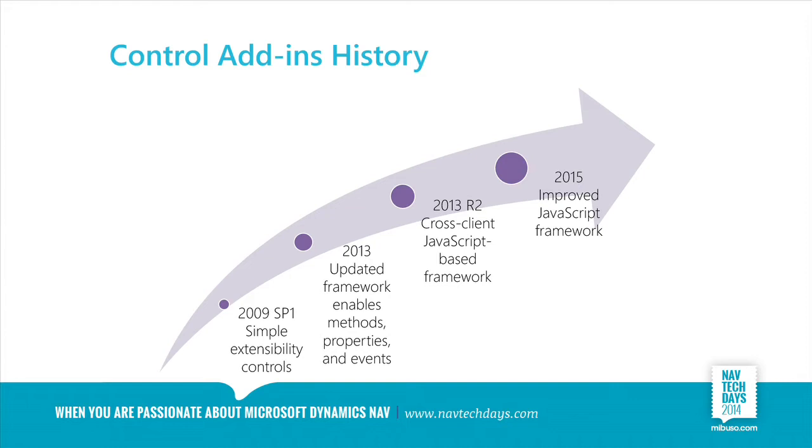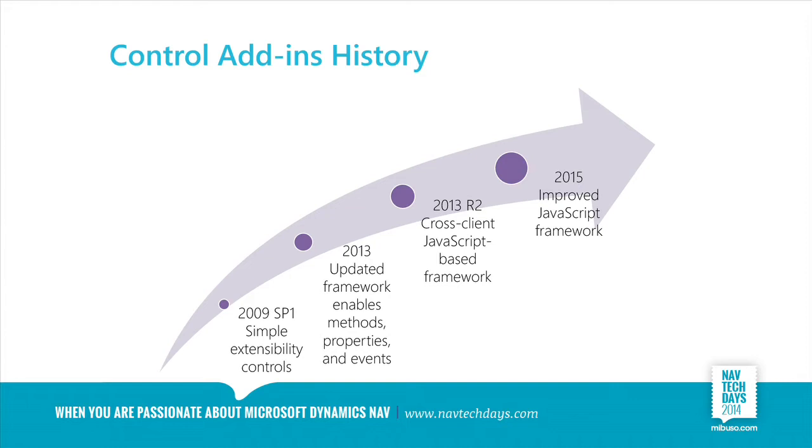Essentially, you don't have a Windows Forms container where Windows Forms controls are placed. Instead, in the Windows client, you get a browser control, which loads an HTML document, which loads your control and runs it as HTML. And you have a framework which allows NAV to talk to that browser document, which is loaded in that browser control.